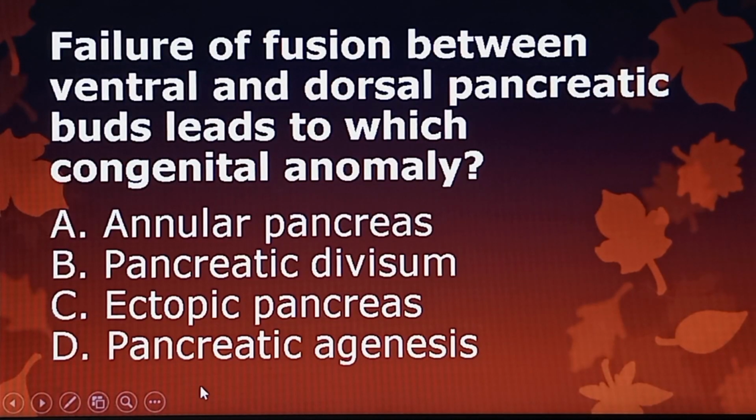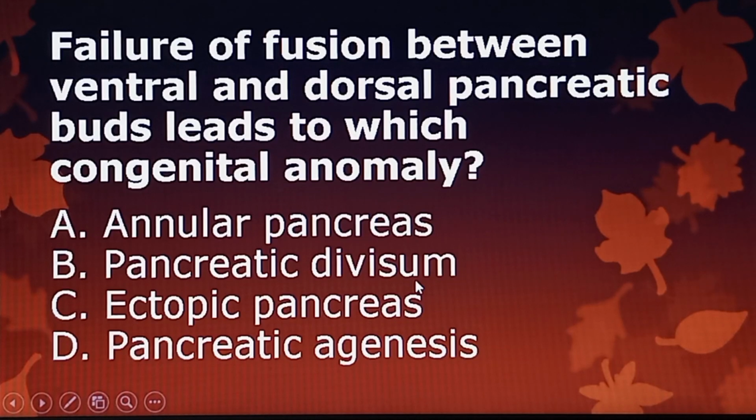Now, in our final question, it says that failure of fusion between the ventral and dorsal pancreatic buds leads to which congenital anomaly. Whenever the pancreatic buds fail to anastomose correctly, or if their ducts fail to anastomose, then, my friends, it will lead to something that we call pancreatic divisum.